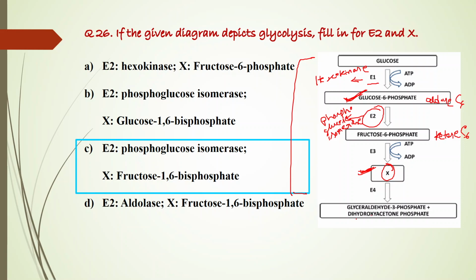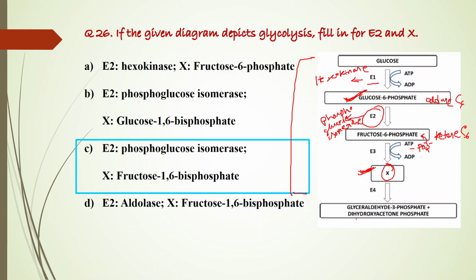Next, E2 is forming some compound X. What should be the next step? We have our fructose 6-phosphate. Now look here, ATP is being converted to ADP. That means one phosphate group is leaving.